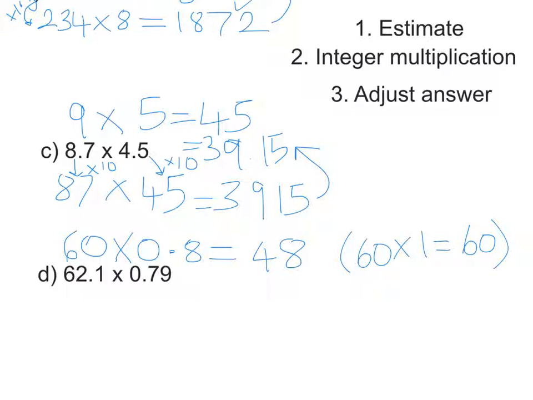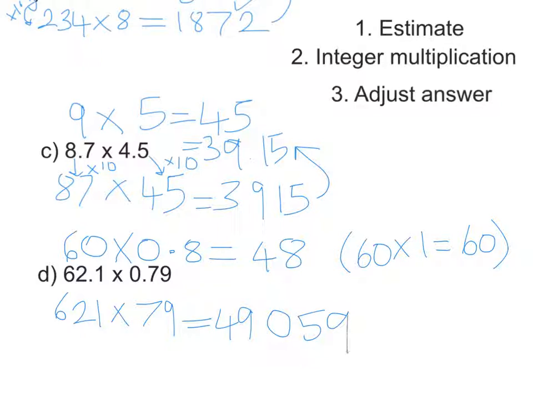I'm going to do my integer multiplication, 621 times 79, which from the drill is 49,059. Now, of course, the answer to our original question is not 49,000 because I've multiplied by 10 here and I've multiplied by 100 here.